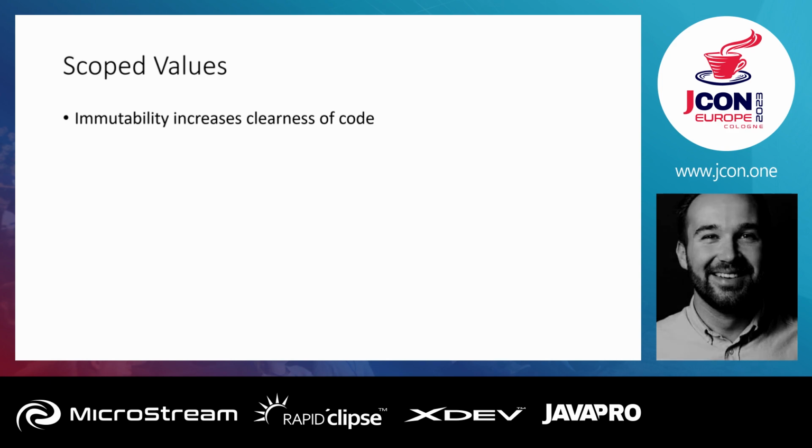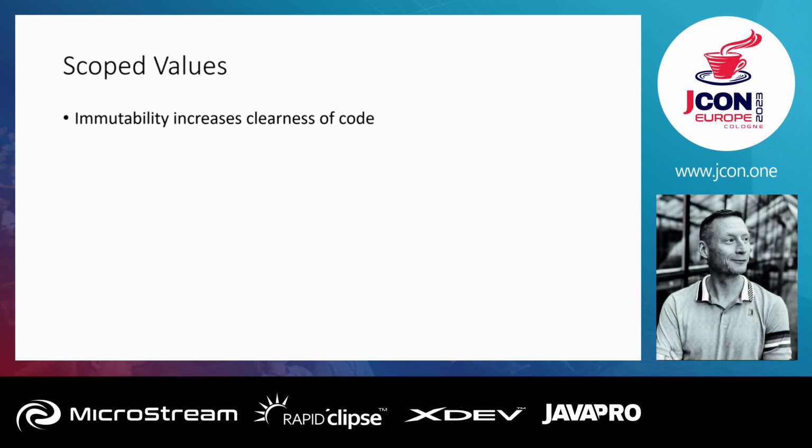So what are the advantages? Immutability increases the clearness of code. Basically, you now know where the values are set, and there's no random place somewhere in your code base where this value might be set, as could be the case with thread locals. Even more importantly, they use references instead of actual values.